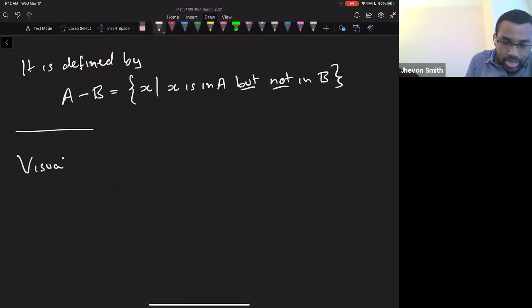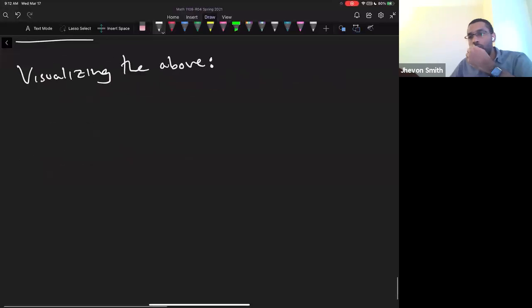Visualizing the above. Okay, so let's use our concept of Venn diagrams to start talking about these operations.